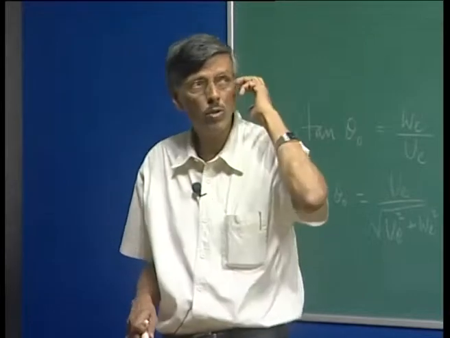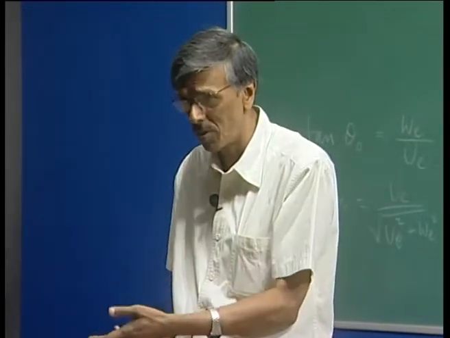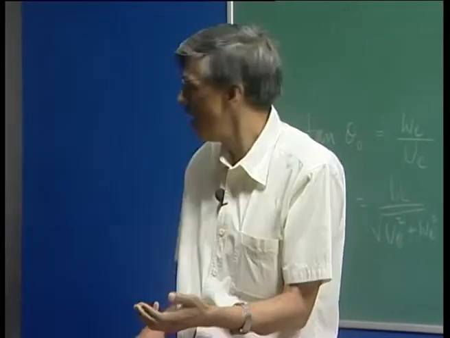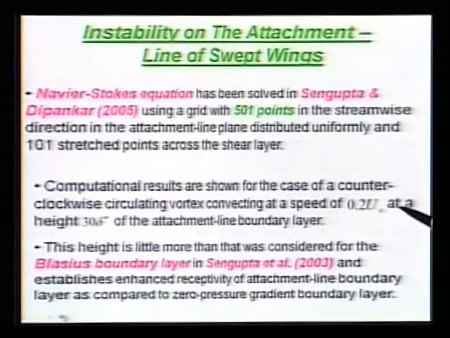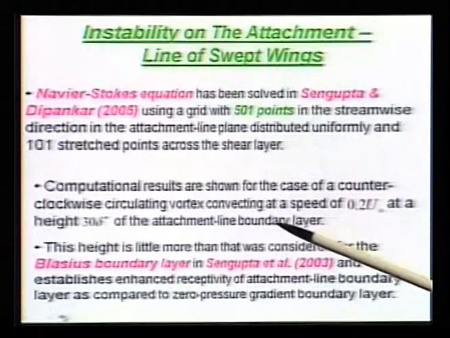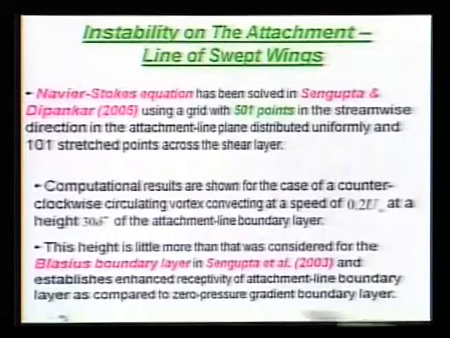There were these two papers that we talked about. One was in Computers and Fluids, where we reported the computational results, and this JFM paper, where we talked about the physical mechanism. In those publications, you would see there are many cases computed, but I will just show you one particular case of convection speed of about 20% with respect to the free stream, and the height of this vortex is about 30 delta star.